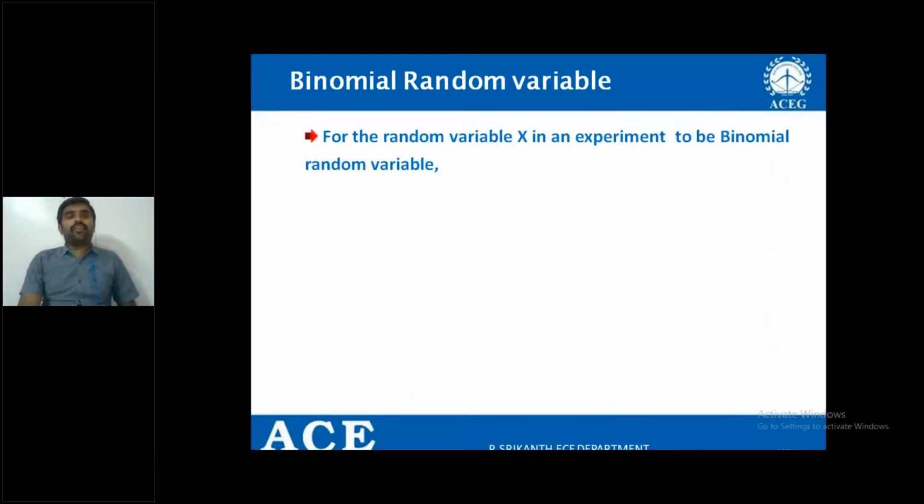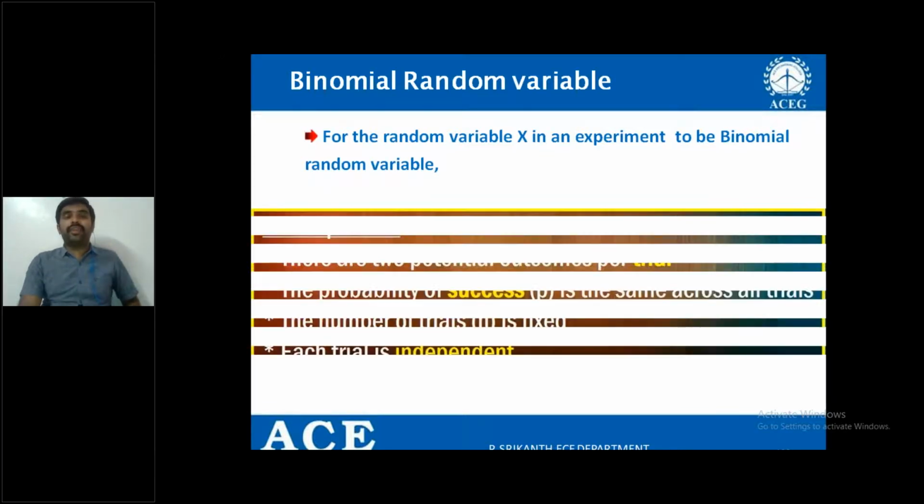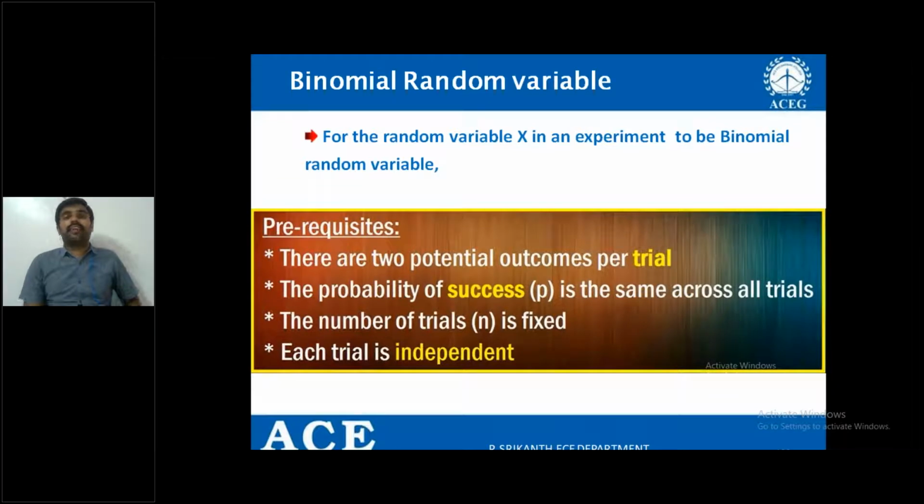For a random variable x in an experiment to be a binomial random variable, we need to satisfy some conditions. There are some prerequisites for the random variable to be binomial, right? So what are the prerequisites? There are two potential outcomes per trial.